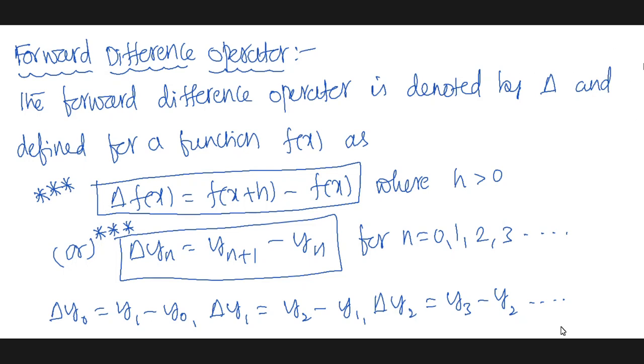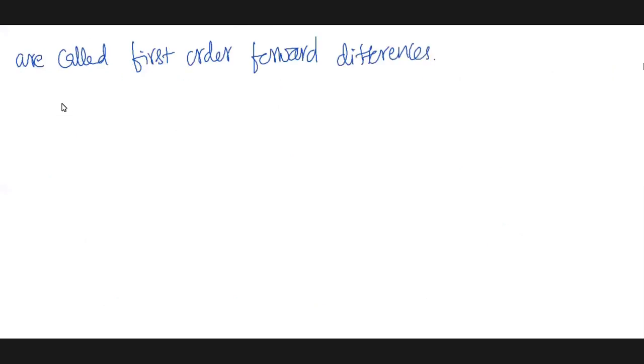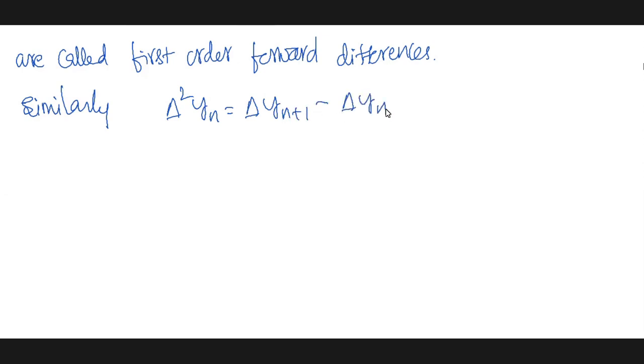Similarly, we can define second order forward differences, third order forward differences, etc. Similarly, delta square yn is equal to delta yn plus 1 minus delta yn.